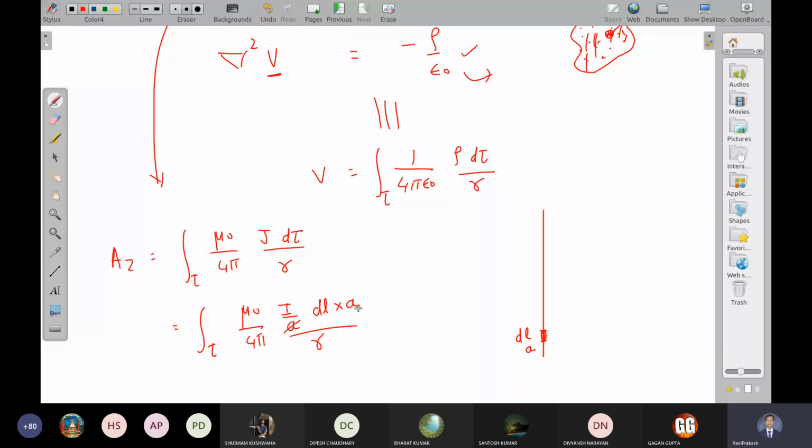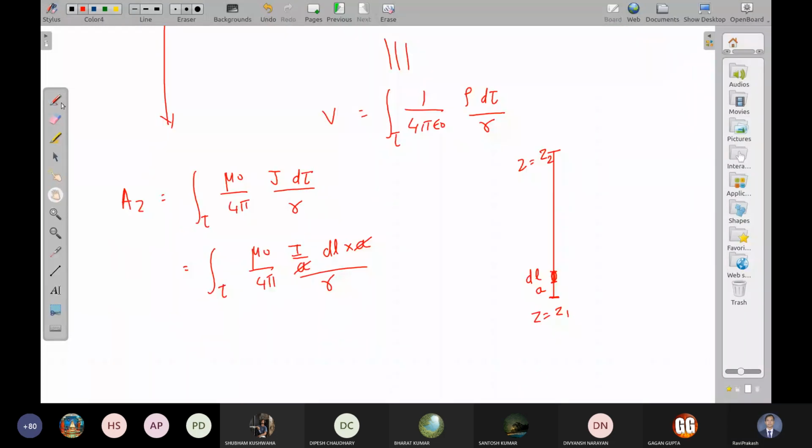And what is the limit now? Since a cancels, we have limit of dl, from this point to this point, let us say z is equal to z1 to z is equal to z2. So this is the vector potential: integral z1 to z2 mu naught upon 4 pi I dl upon r. That's it.